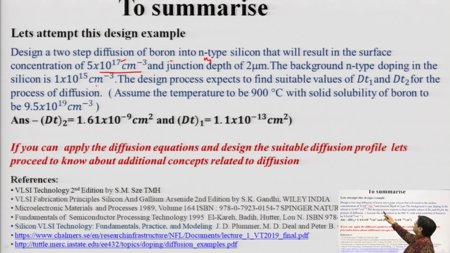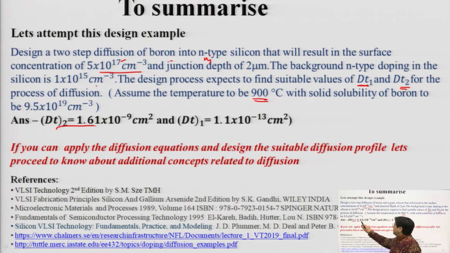The design process expects you to find the suitable values of Dt1 and Dt2, that is, pre-deposition and drive-in for the process of diffusion. Assume the temperature to be 900 with solid solubility of boron to be 9.5 into 10 raised to power 20 per centimeter cube. So, you are given the solid solubility and all the parameters; you just need to substitute them.